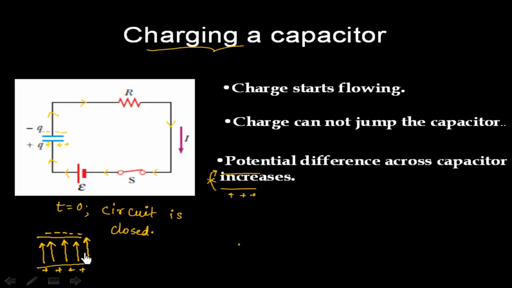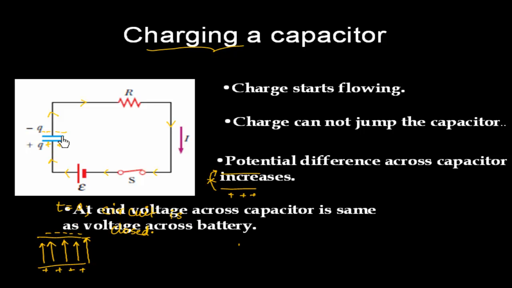The value of the electric field will increase as there will be more charge. And that is potential difference. Once the electric field increases, the potential difference between these two plates will increase. So slowly the potential difference between the two plates of the capacitor will increase.